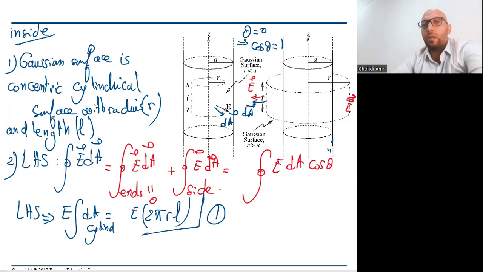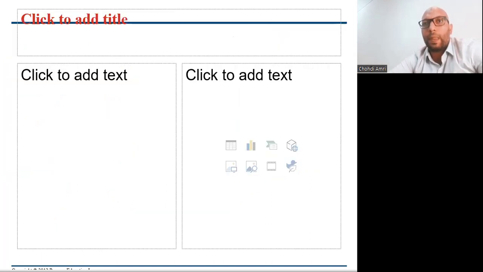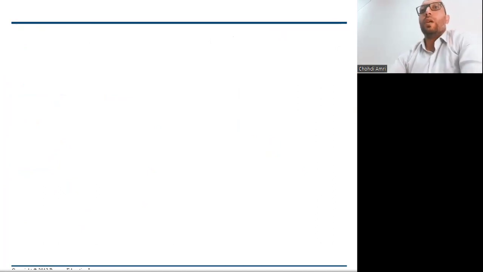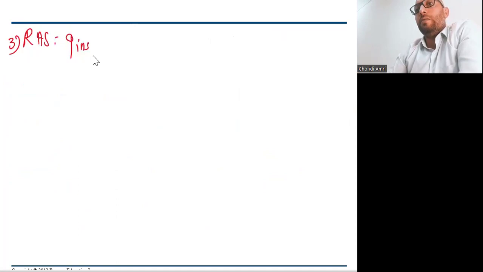Let's move to the second term. For the second term, right-hand side, Q inside divided by epsilon naught. We said that we are inside the charged cylinder.